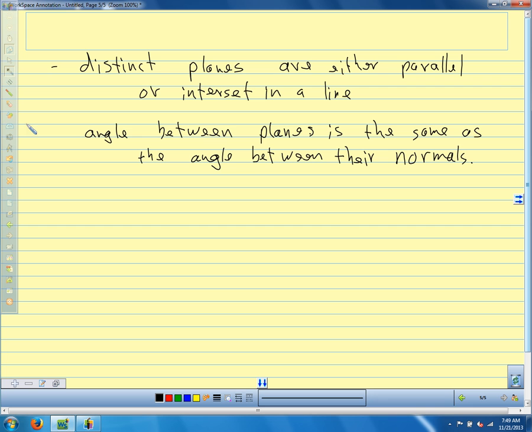So let me see if I can draw a decent picture here that's not too confusing. So here's our plane that's tilted at an angle.